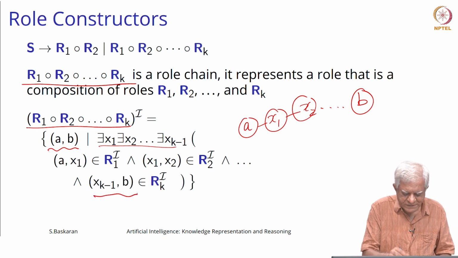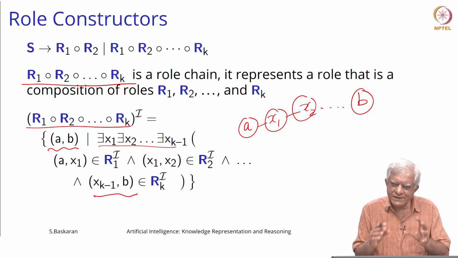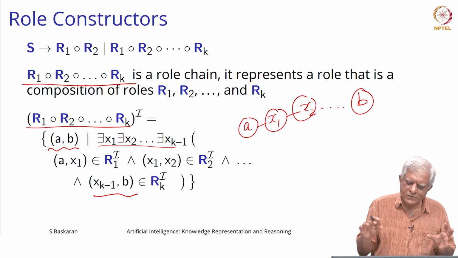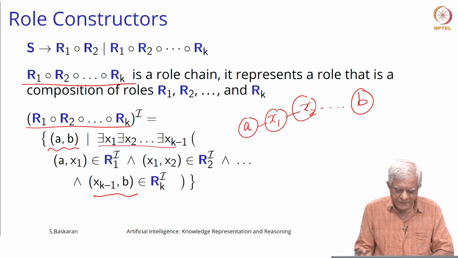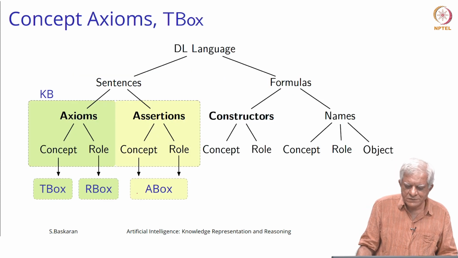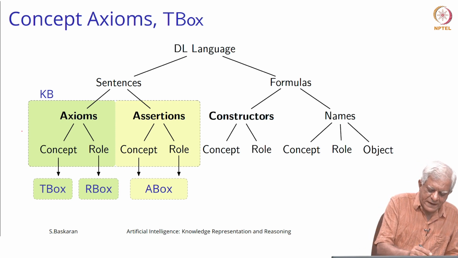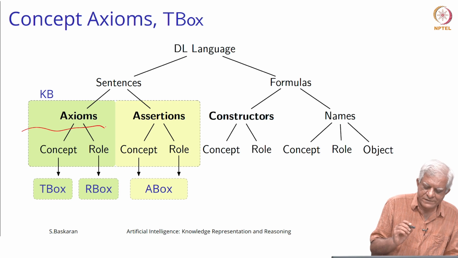So, x k minus 1 is related to B. So, we can have a role chain. So, essentially this is a description of a complex role in some sense. We have not given it a name, but we can always give it a name. So, we will come to concept axioms in the next session.